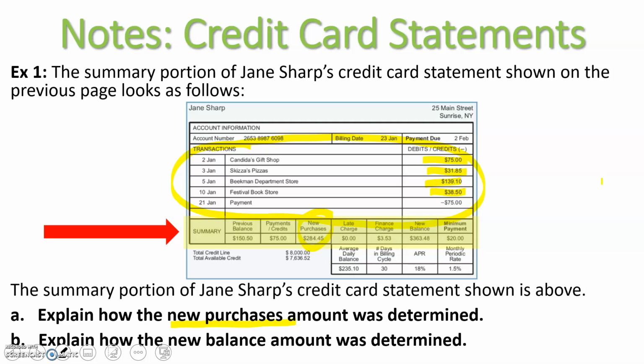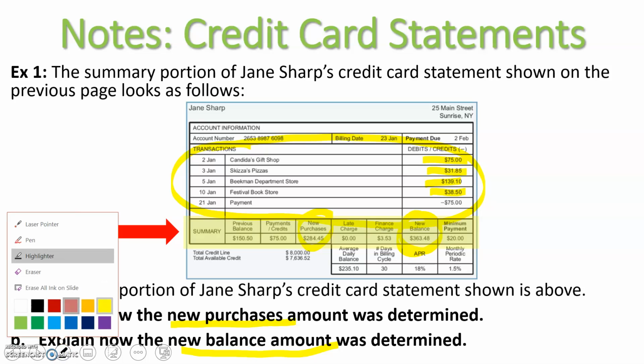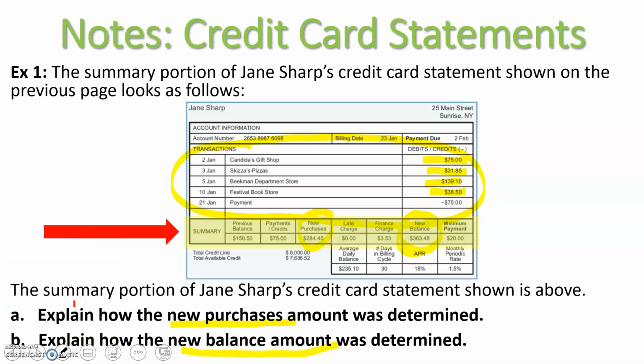B, explain how the new balance amount was determined. Okay, so that is this over here, this $363.48. Now, in order to get the new balance, we must think about all the transactions that occurred. We know that at the beginning of the month, she had a previous balance of $150.50, right?